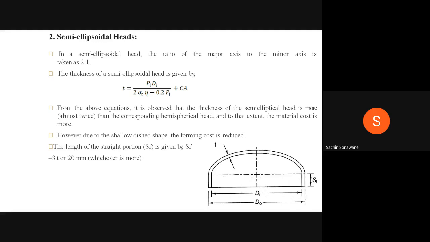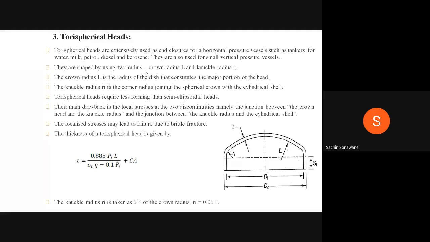Therefore, I think you have written the formula and drawn the diagram. Now next is torus spherical heads.